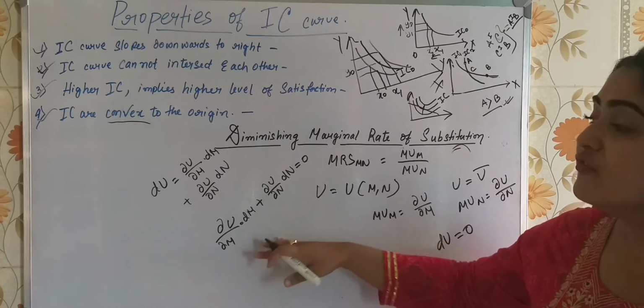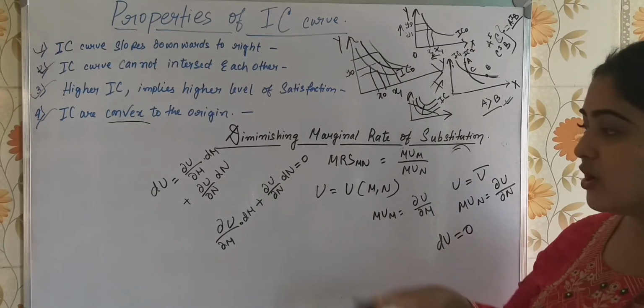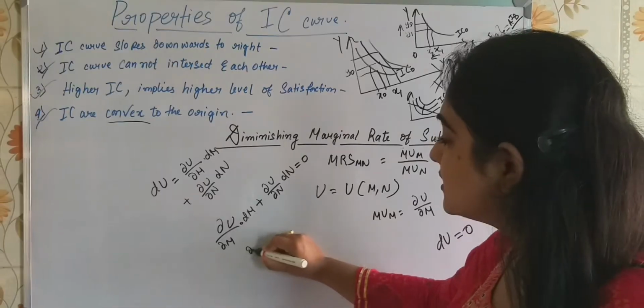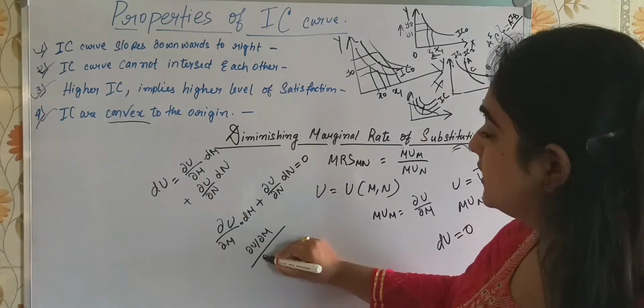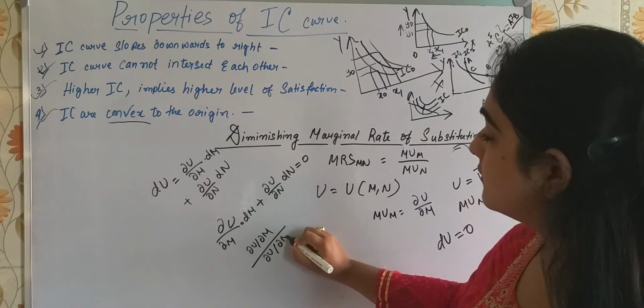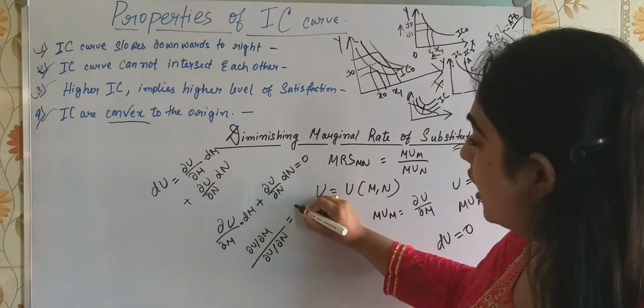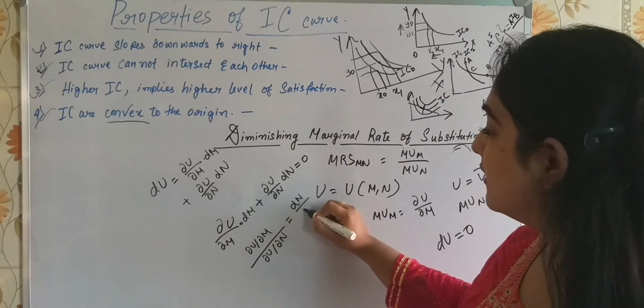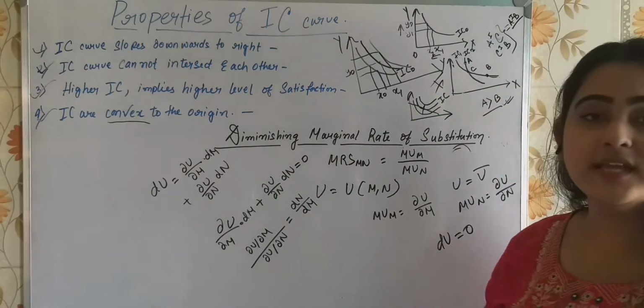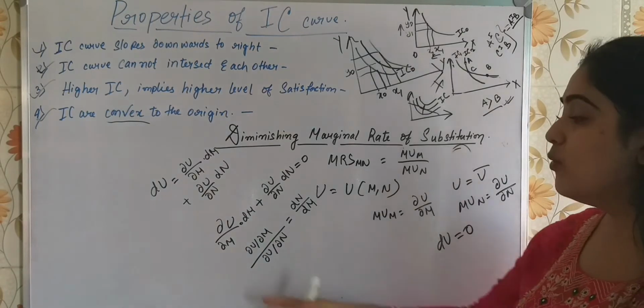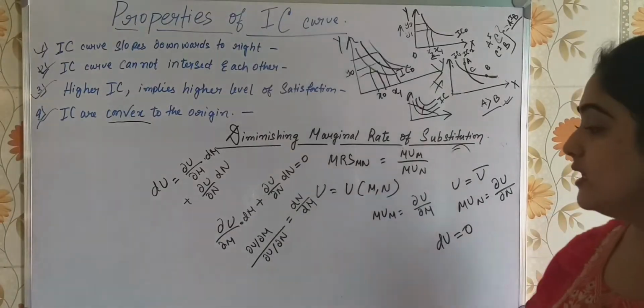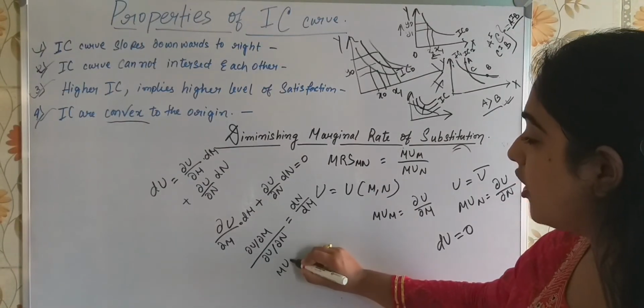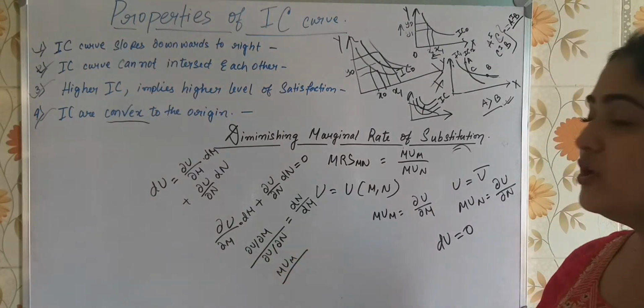So now after this, what should be our approach? We can write it like this: del u by del m over del u by del n must be equal to what? dn by dm, isn't it? This is what we get. Now what is del u by del m? It is marginal utility of m. And what is del u by del n?